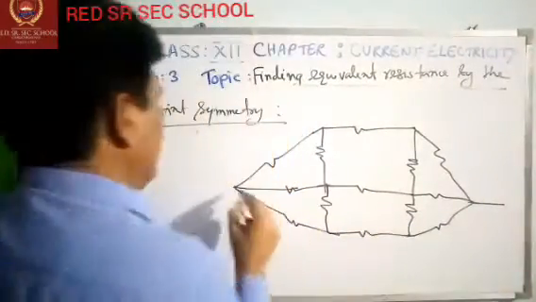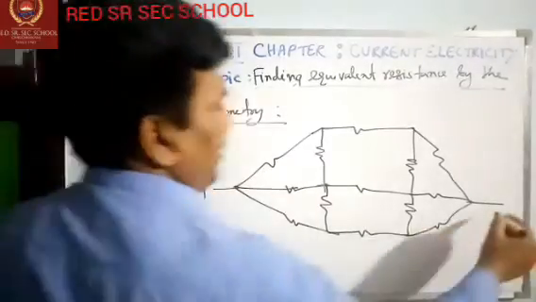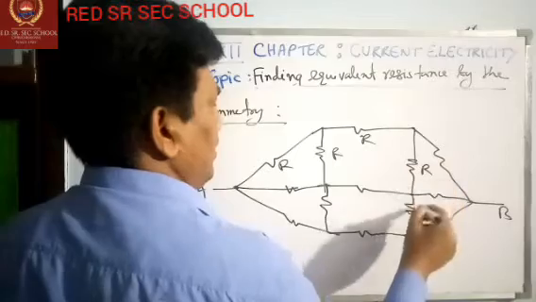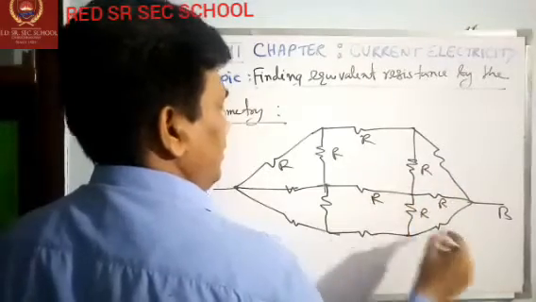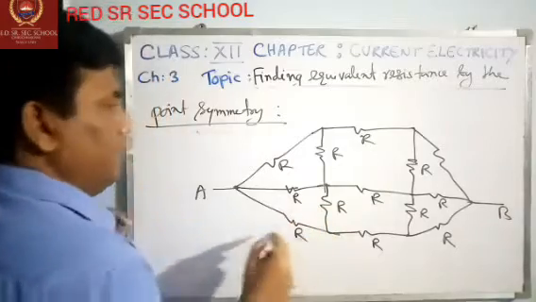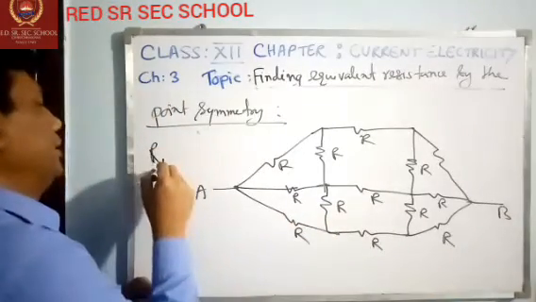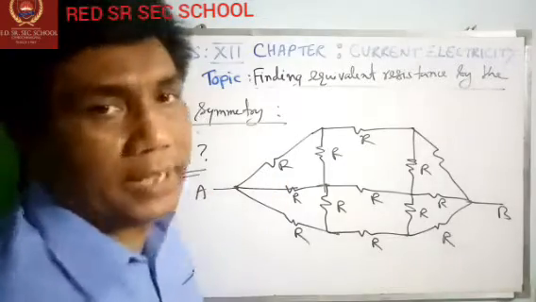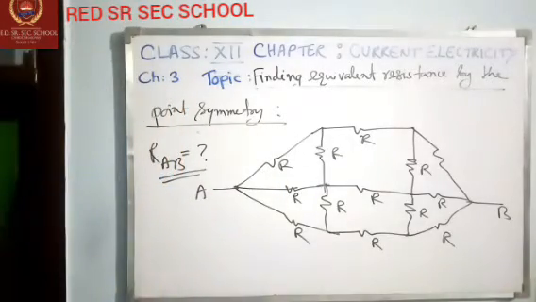Okay, what is the resistance between A and B if all individual resistors are R? What is the equivalent resistance between A and B? Using the point symmetry technique we can solve all these things.